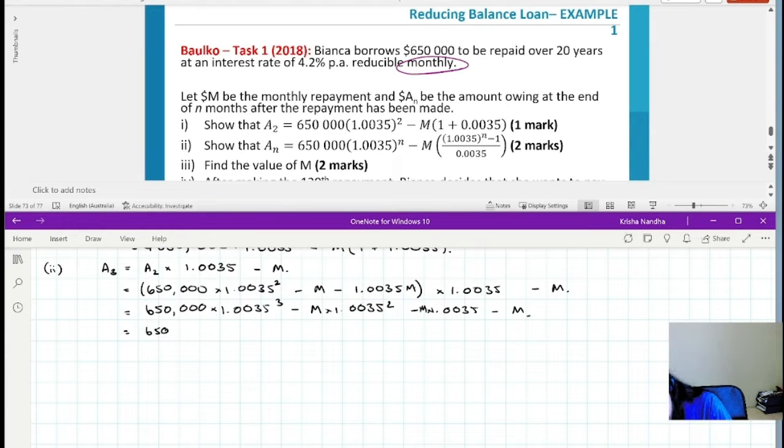So 650,000 times 1.0035 cubed minus M, 1 plus 1.0035 plus 1.0035 squared.